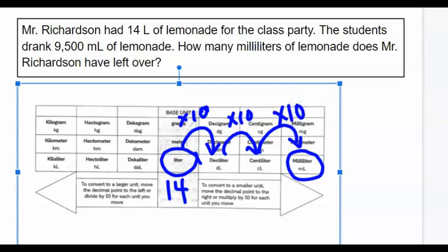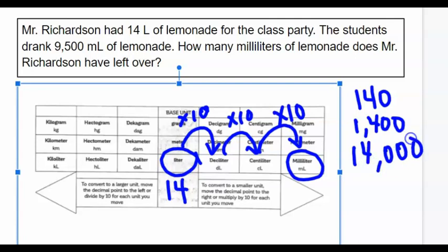So if I multiply 14 times 10, I get 140. If I multiply by 10 again, I get 1,400. And then if I multiply by 10 again, I'm getting 14,000. So now Mr. Richardson has 14,000 milliliters of lemonade.